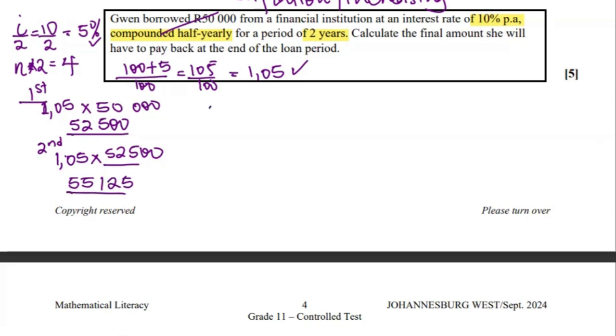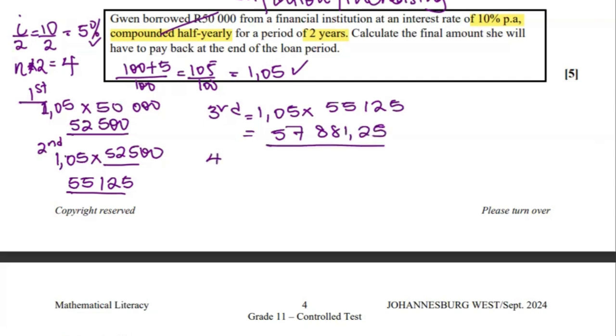We go to the third half, which means we still use the same formula. And we say 1,05 times the 55,125, the amount that we got in the second half. And the answer in the third half is 57,881 rand 25 cents. Keep it aside.